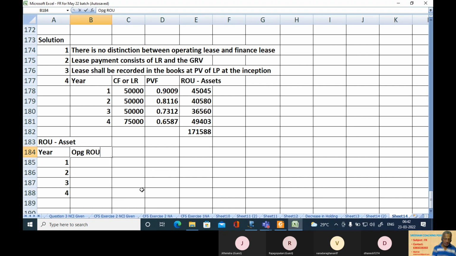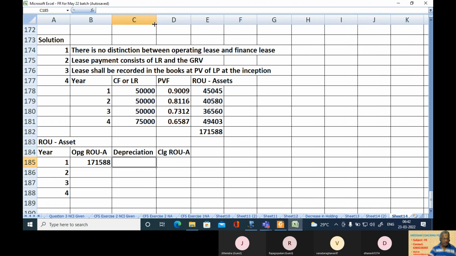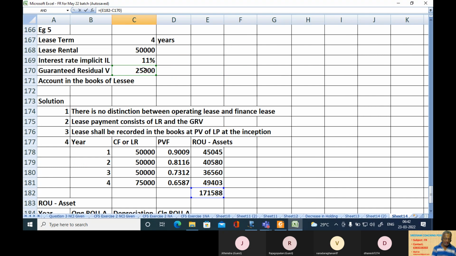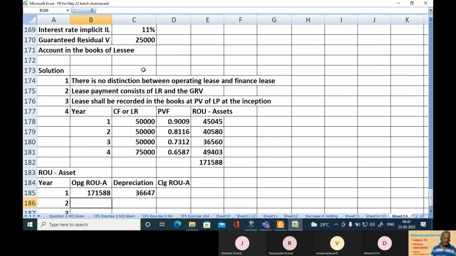Opening ROU asset, depreciation, closing ROU asset. This is the number. All of you closely follow. The depreciation is not divided by 4. So it is this value minus 25,000 divided by 4.